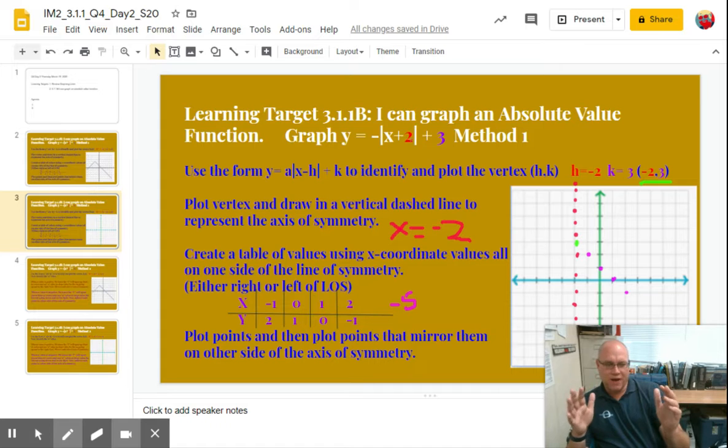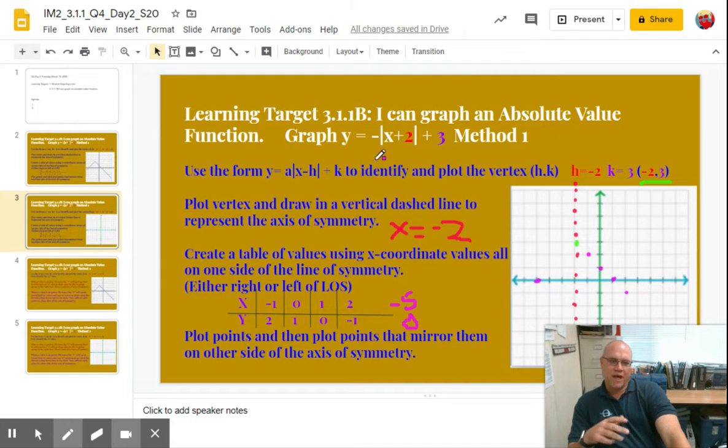The absolute value is the positive distance from 0. But now, opposite of that, negative 1 times 3 is negative 3, and then negative 3 plus 3 is 0. So if I substitute negative 5, I get 0. That's 2, 3, 4, 5 right here, that point.